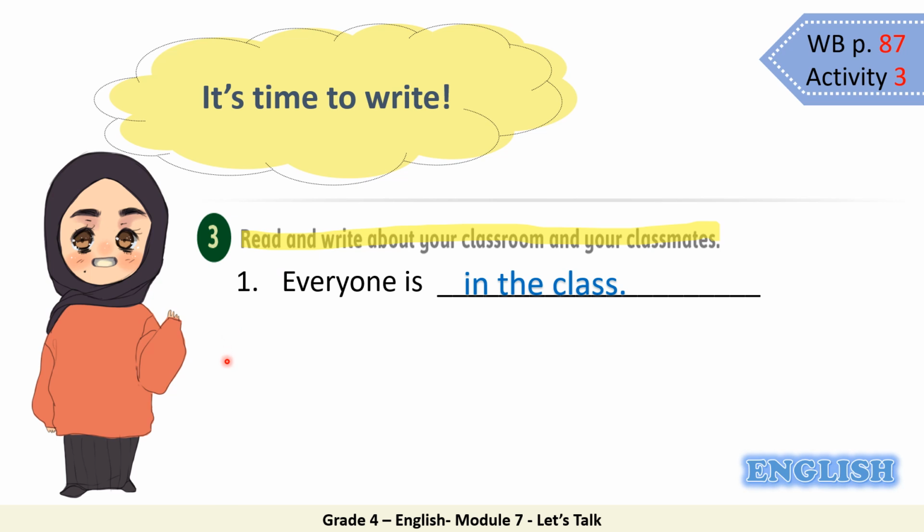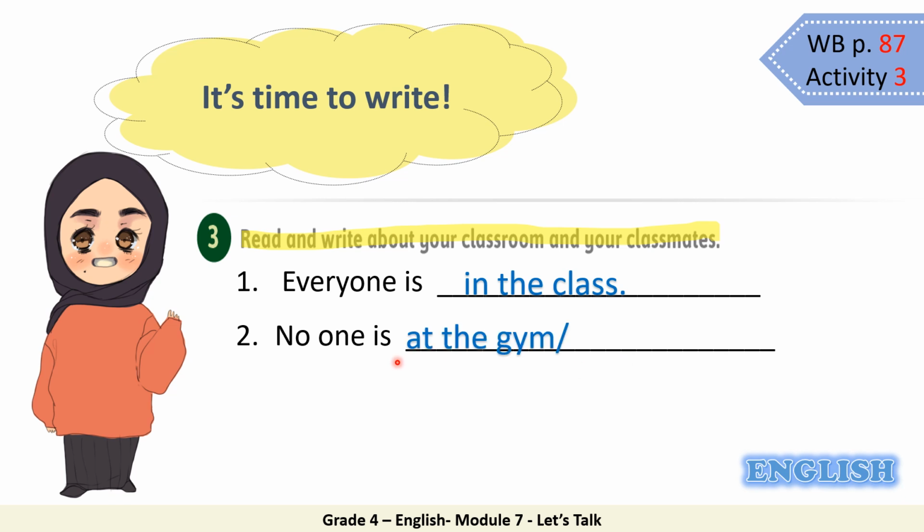Welcome back, everybody. Let's check our answers for sentence 2 and 3. Sentence 2. No one is blank. We can say, no one is at the gym, or no one is in the library. Sentence number 3.